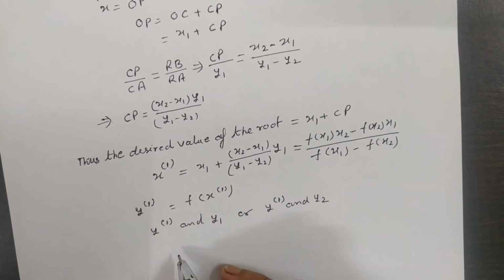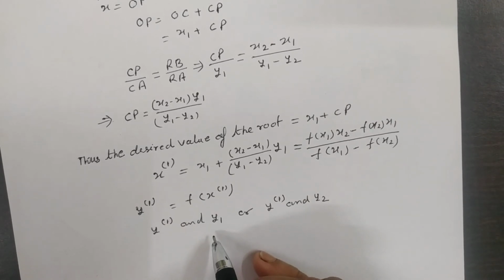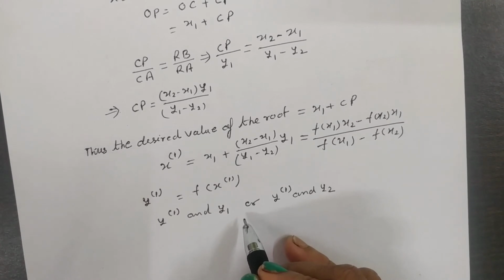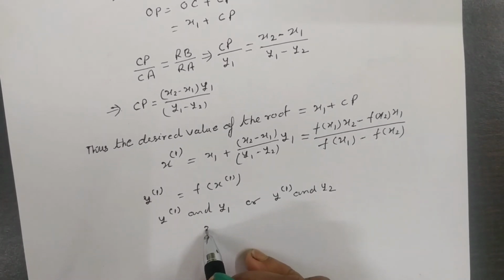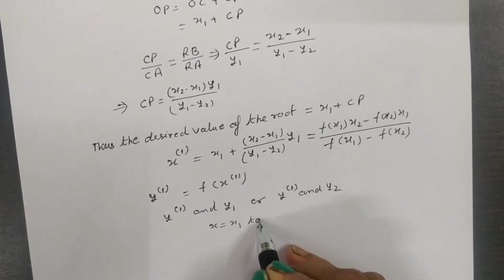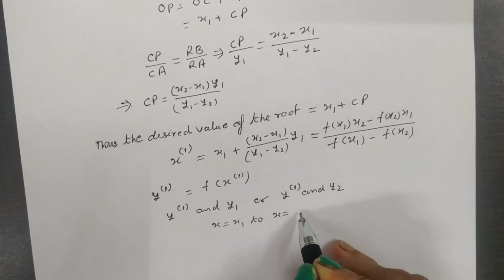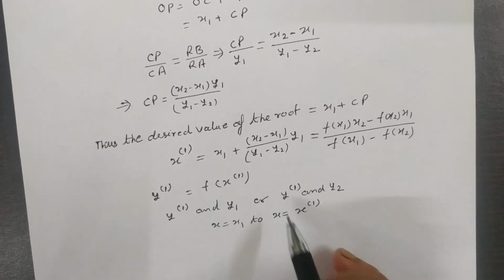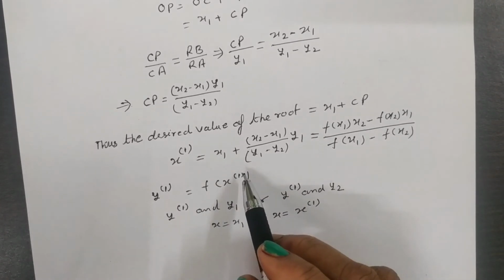If y1 and y2 are of opposite sign, then one root lies in the interval x = x1 to x = x2. In this approximation, you find the value of this one.